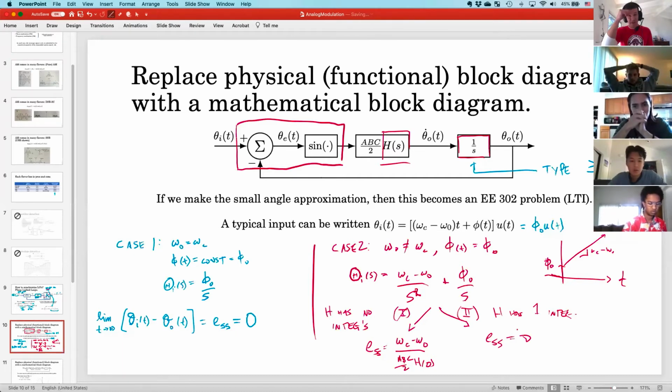So the reason that I harp on this and kind of give you a hard time for not remembering 302 is that it actually serves as a basis for what the loop filter should look like. If you need your PLL to be able to track things that you know will have the same frequency that you want them to, but might have a phase offset.